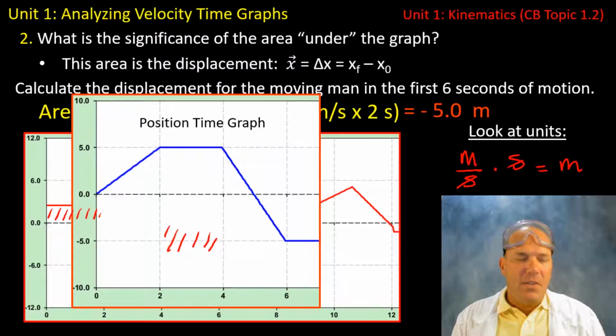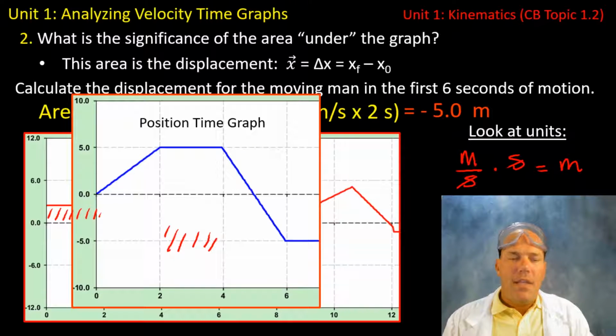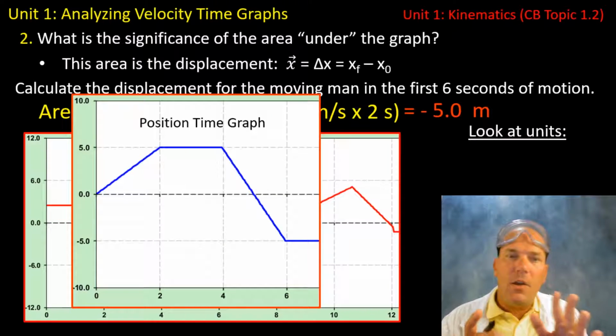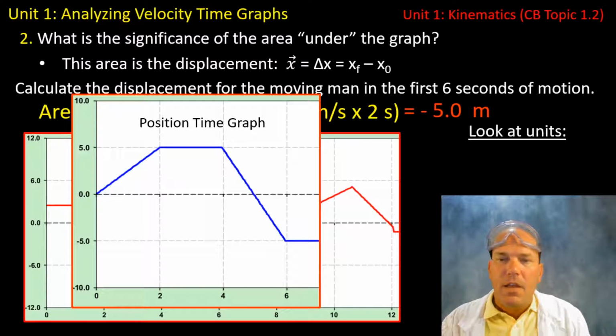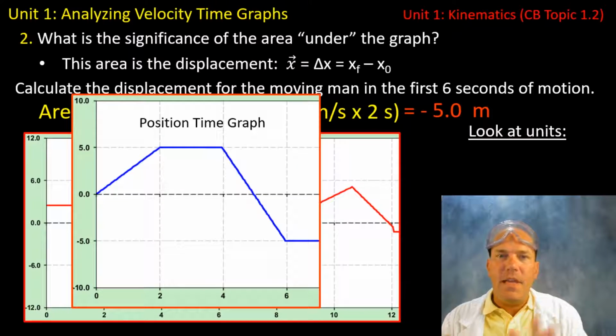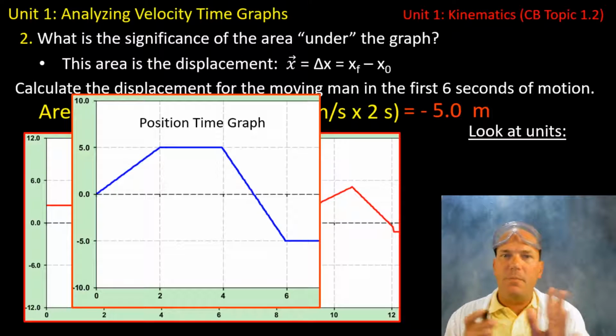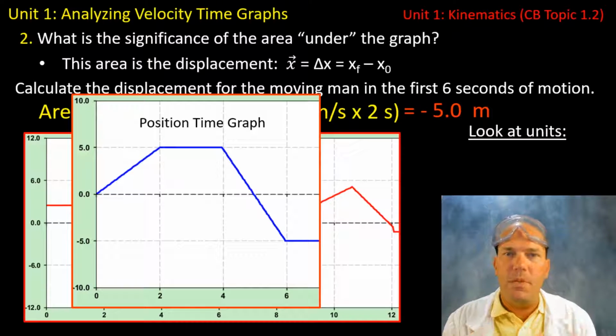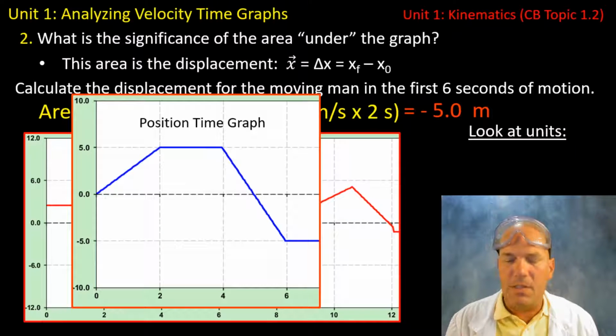All right, so now let's go ahead and look back at our position time graph. So we calculated, finding the area under the graph, the displacement to be negative 5.0 meters, or 5 meters to the left.